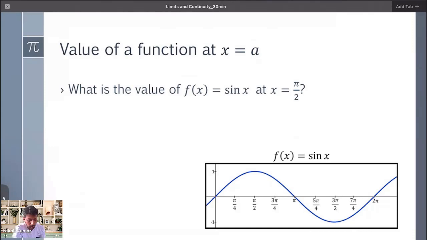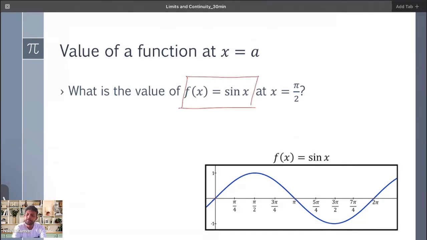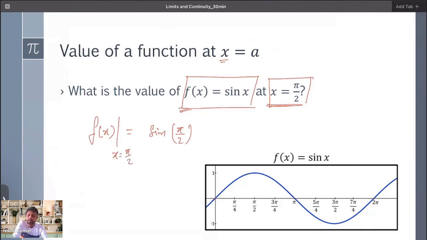If, for example, the function is f of x equal to sine of x, don't we all know how to find the value of f of x? If I give you the value of x, at x equal to pi by 2, can you all give me the value of sine of x? That's going to be sine pi by 2, the value of f of x at x equal to pi by 2, right?